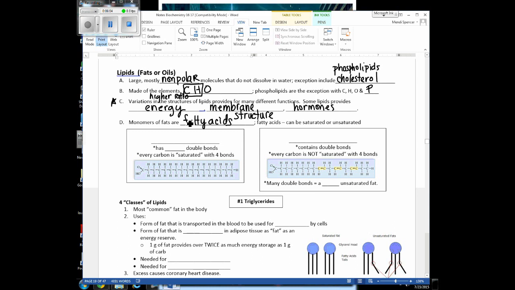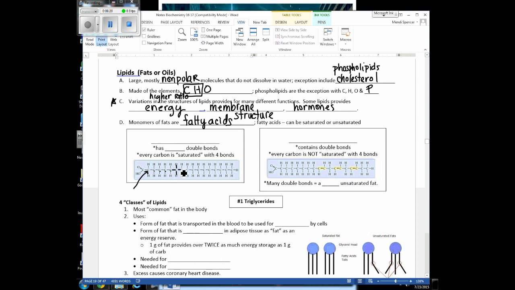Now, fatty acid chains can come in basically two main forms, saturated or unsaturated fatty acid chains. So let's take a look at the difference between these two chains that I have here. First of all, if you take a look at the carbon atoms in this hydrocarbon chain, you can see that every single carbon atom is bonded with 4 other atoms.